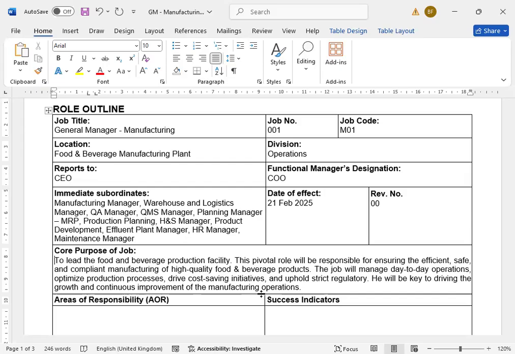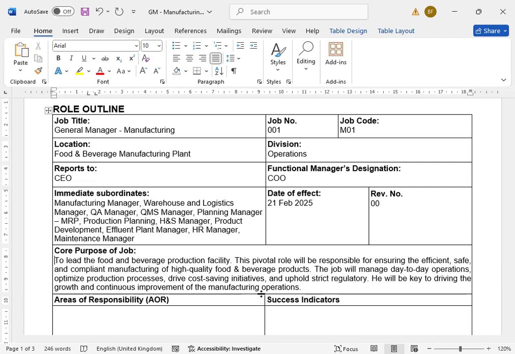The job will manage day-to-day operations, optimize production processes, drive cost-saving initiatives, and uphold strict regulatory standards. It will be key to driving the growth and continuous improvement of the manufacturing operations, not only in terms of the growth of the company, but also the growth of the people.